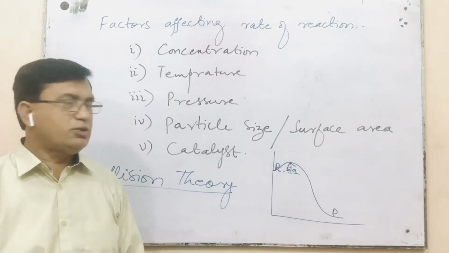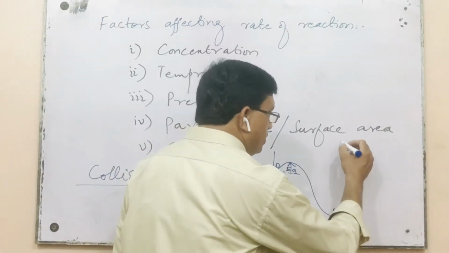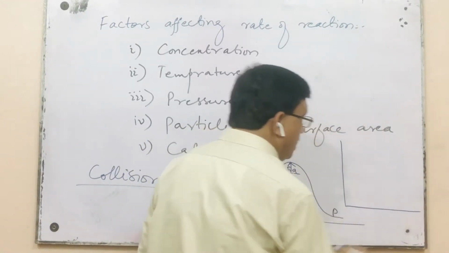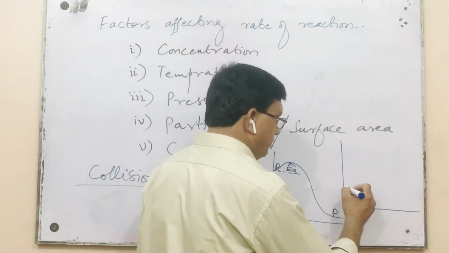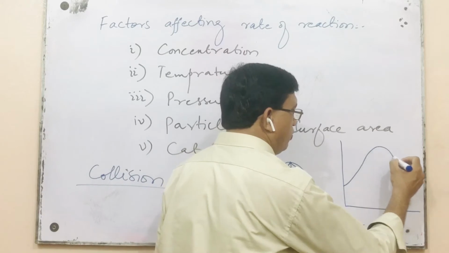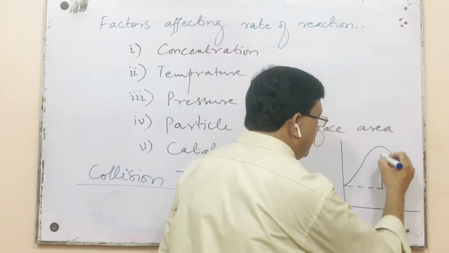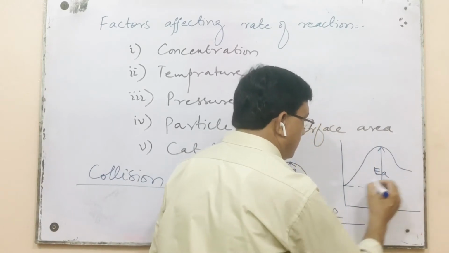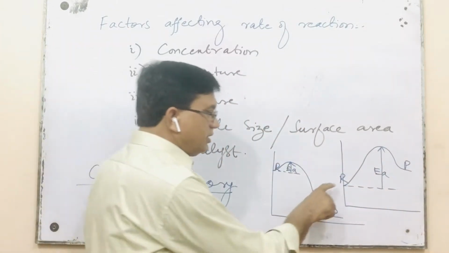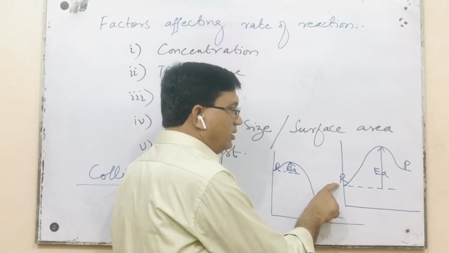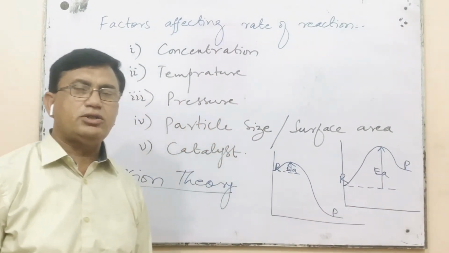In a similar manner, such types of reactions can be represented just like this. Say, this much amount of energy of activation is required. These are the reactants and these are the products. If as a result of collision the energy produced is less than the energy of activation, the reaction will not take place.